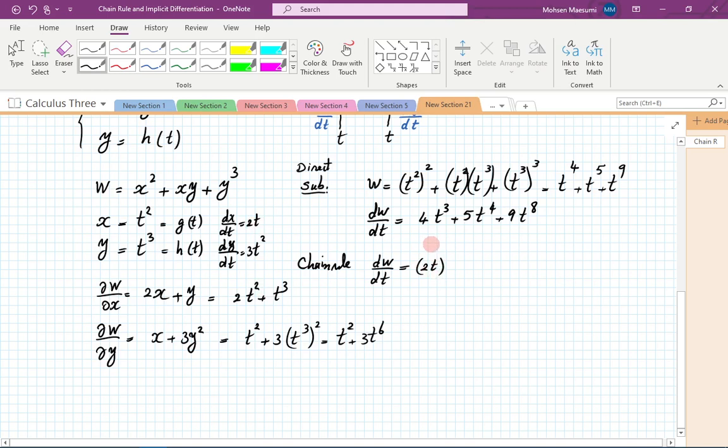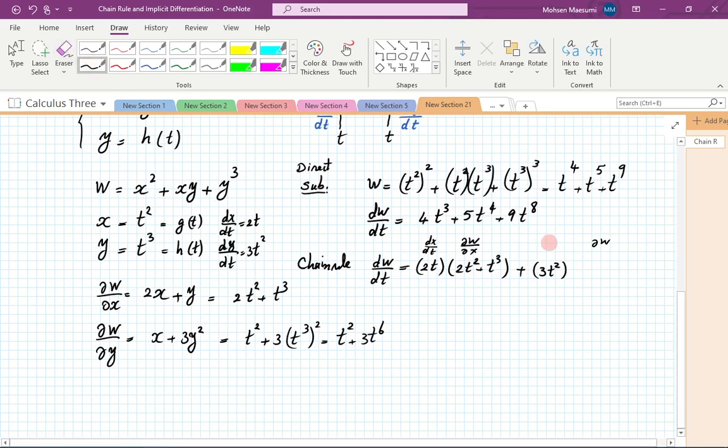Let's remind ourselves what these things are. This is dx/dt, then partial of w with respect to x, which is this one, 2t squared plus t cubed, plus partial of y with respect to t, that was 3t squared, times, let me clean this up and restate what I said.